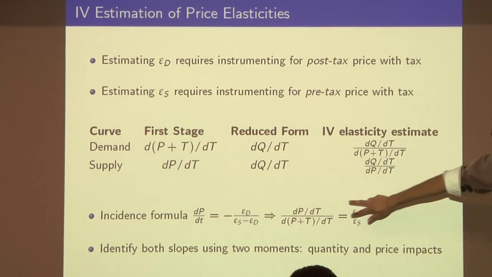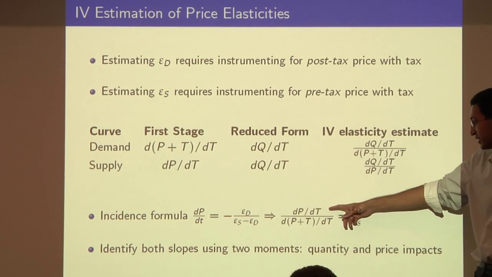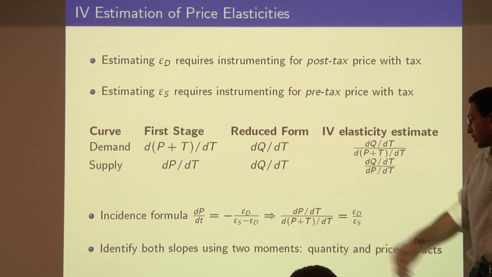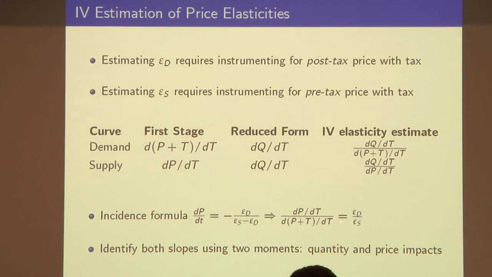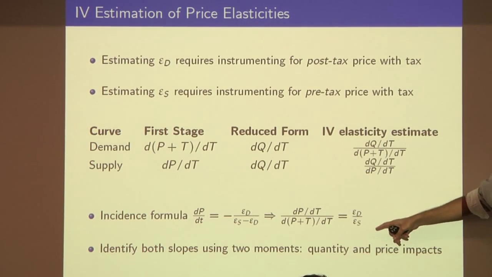So now suppose I divide the two. So look at the ratio of the impact on the pre-tax price to the impact of the tax on the post-tax price. So basically take the ratio of these two first-stage coefficients. What I end up getting is the ratio of the supply elasticity to the demand elasticity.